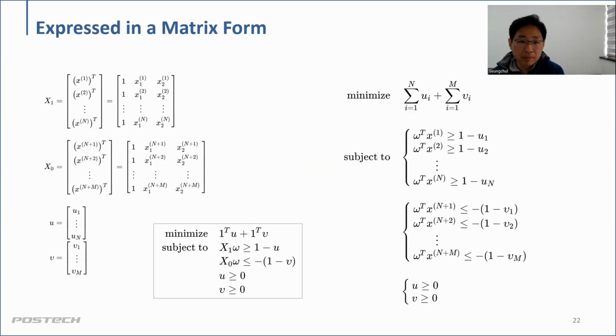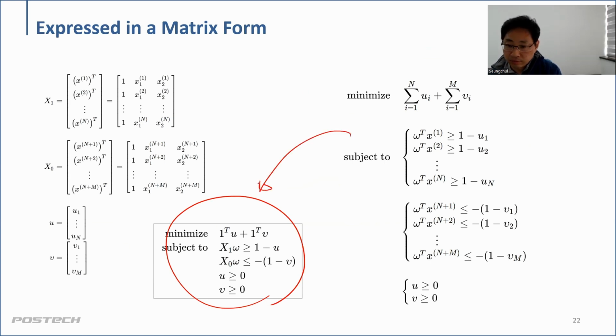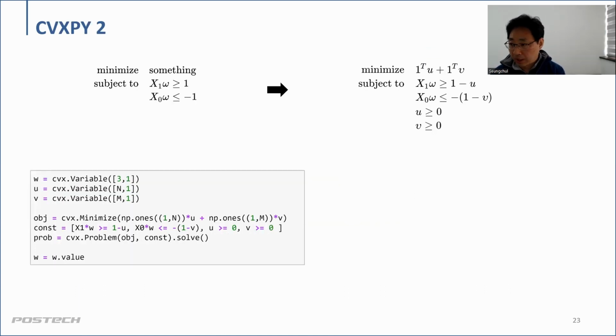So I'm going to express everything in matrix form, and finally this is what we got. Why do we want everything in matrix form? Because we're going to use CVXPY, and once we have the matrix form, we can easily implement it.